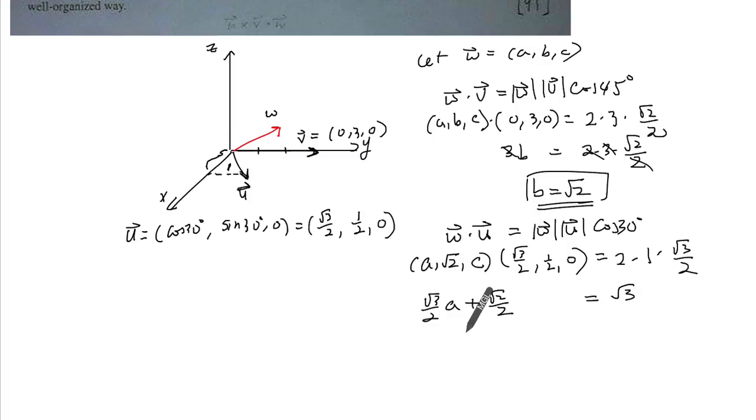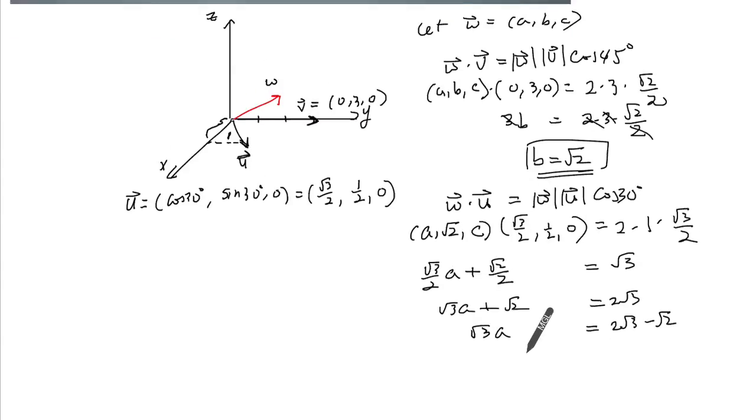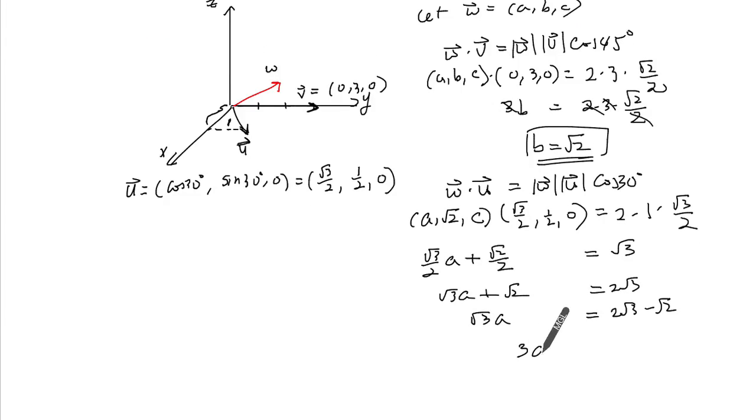Let's multiply everything by 2. You get root 3 a plus root 2 is equal to 2 root 3. So root 3 a is equal to 2 root 3 minus root 2. And a finally. What I'm going to do here is multiply everything by root 3 first. So you get 3a is equal to 2 times 3 minus root 6. So a is equal to 6 minus root 6 over 3.